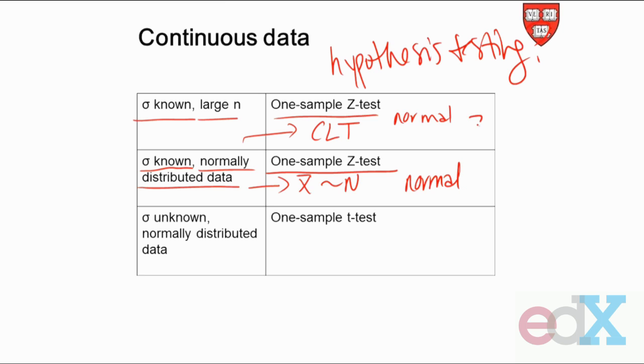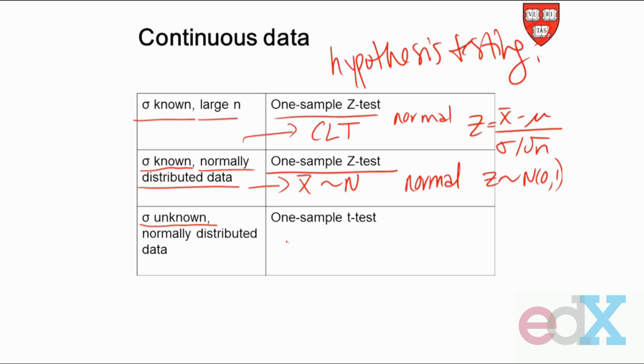So in this setting, you end up with a test statistic that looks like x bar minus mu divided by sigma over the square root of n, and that is going to follow a standard normal distribution.